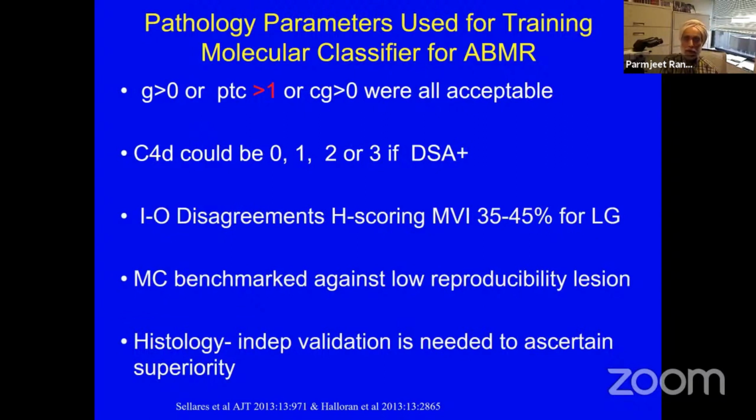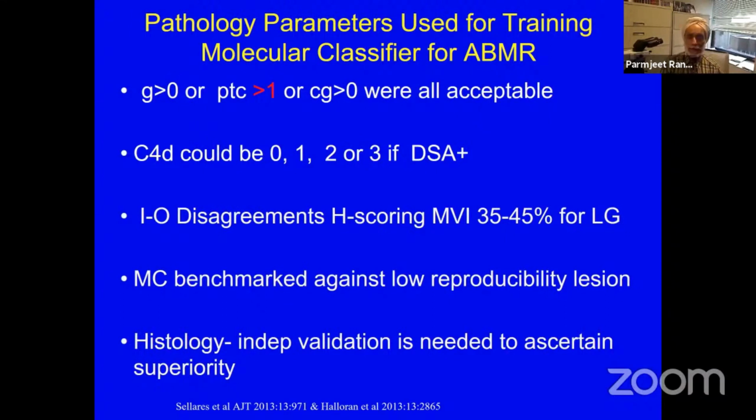And of course, we must recognize that inter-observer disagreements in the histologic scoring, especially of low-grade lesions like glomerulitis and PTC, are rather high, maybe in some studies 35 to 45% range. So we must always recognize that these molecular classifiers have been benchmarked against low reproducibility lesions.